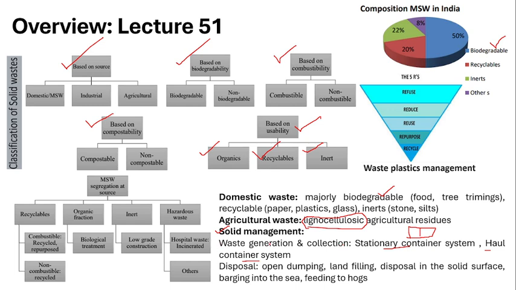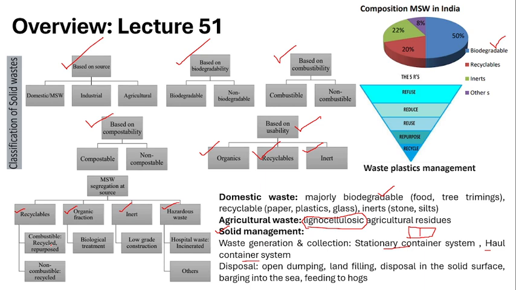Now, how are these wastes segregated at the source itself and managed? They are segregated into recyclable items, organic fraction, inert material, and hazardous wastes. For the recyclable items, they check whether they are combustible or non-combustible. As we discussed earlier, metals and glass substances can be recycled or repurposed, and non-combustible materials include plastic-based products, which can only be recycled into any other form.